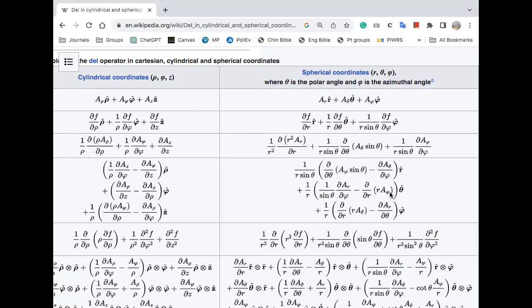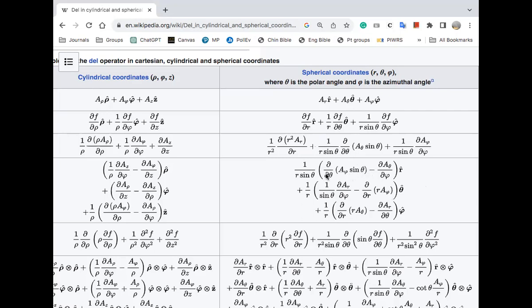Okay, so we have 1 over r sine theta, plus 1 over r, negative d r A theta. Okay, so again, we only have this phi component.